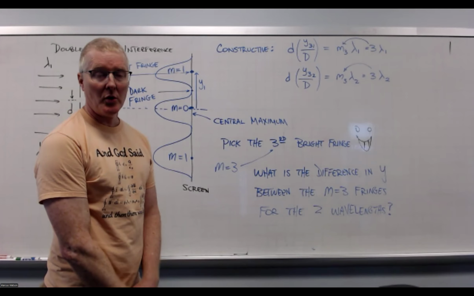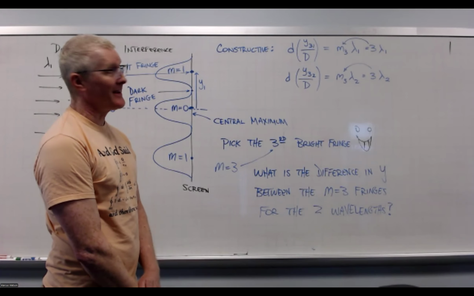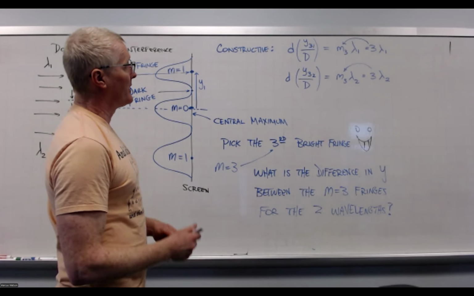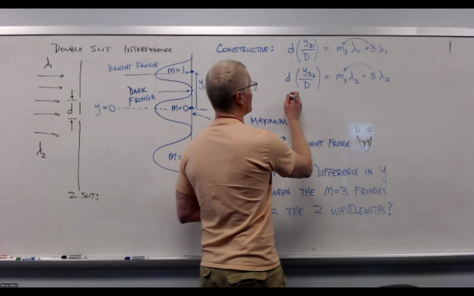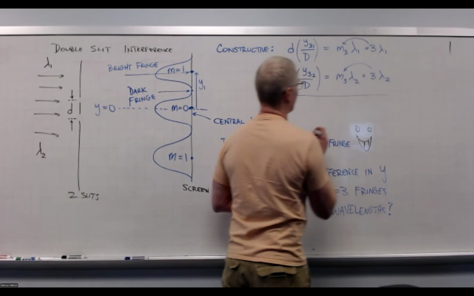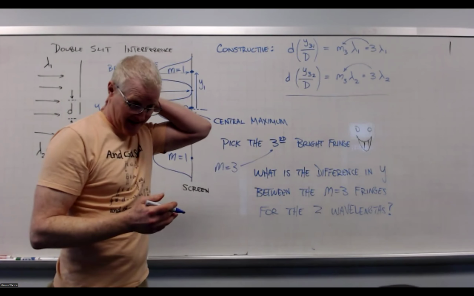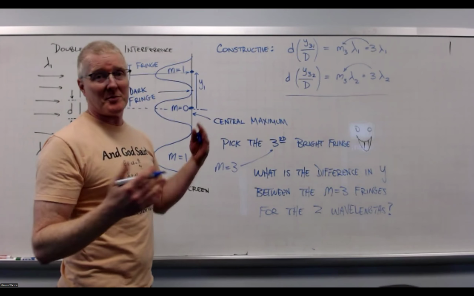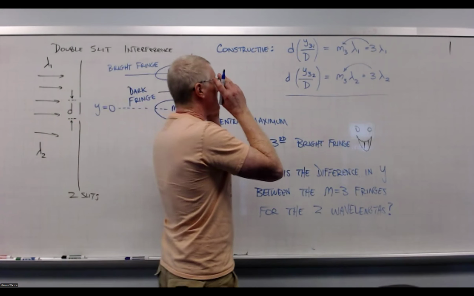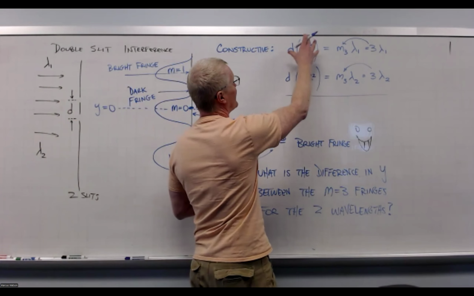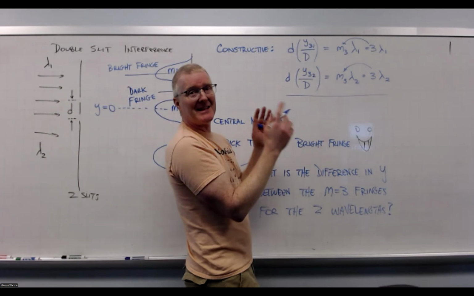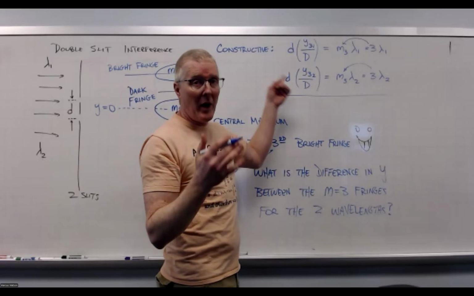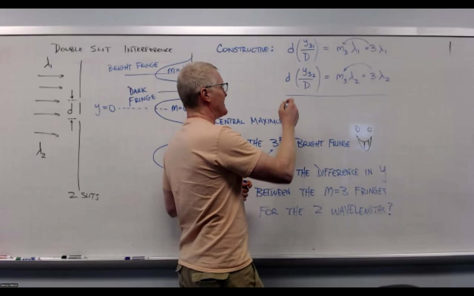So my goal here is to find a difference in these two expressions, basically by just subtracting them. There are a couple of different things I could do, but the most brute force way is to just go ahead and subtract these two. So I'm going to get this minus this, but little d and capital D are the same because I haven't changed the setup, only the y is different, so I get a difference in the y's on this side.